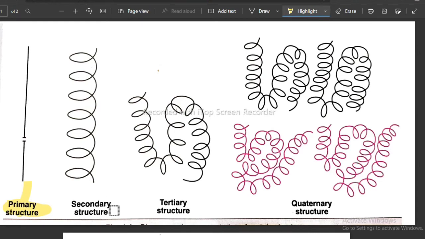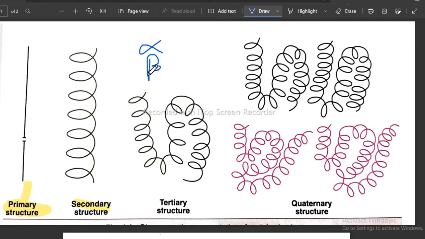Next we have the secondary structure of protein. The secondary structure is divided into two further structures, that is alpha and beta.